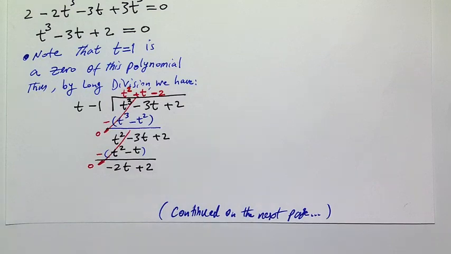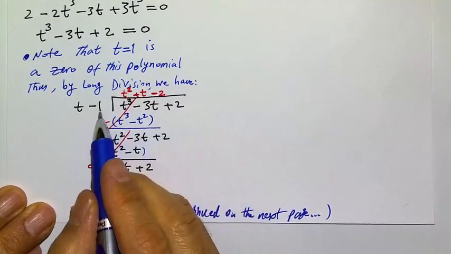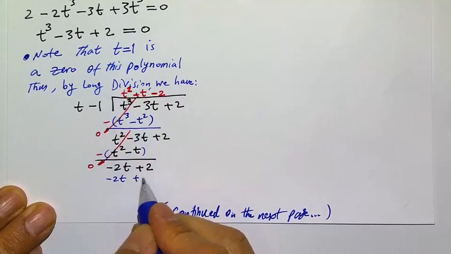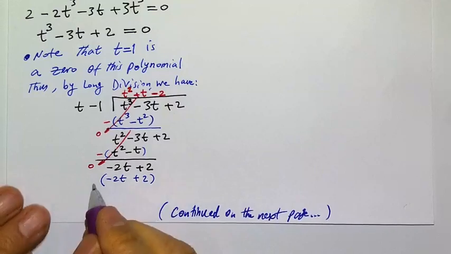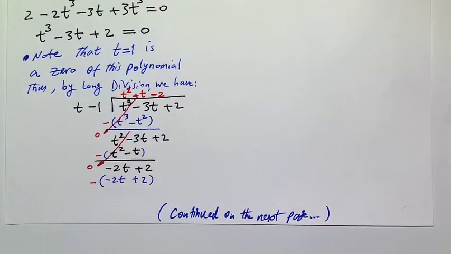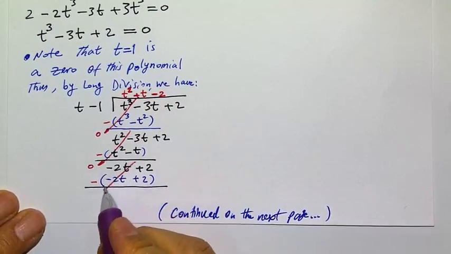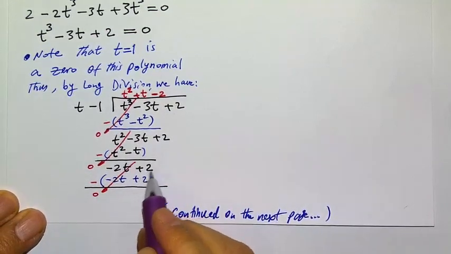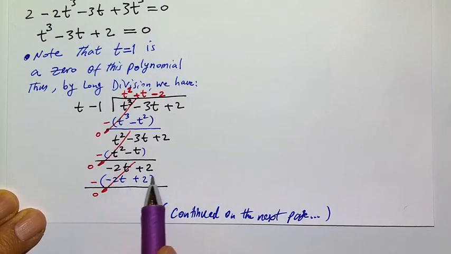And then we end up with minus 2 times t is minus 2t, minus 2 times minus 1 is plus 2. Subtract this from the expression above it, and we end up with 0, just 0. Minus 2t minus minus 2t, 2 minus 2 is 0 again.